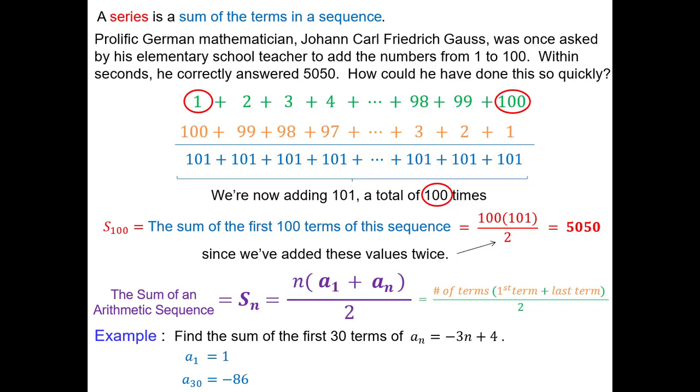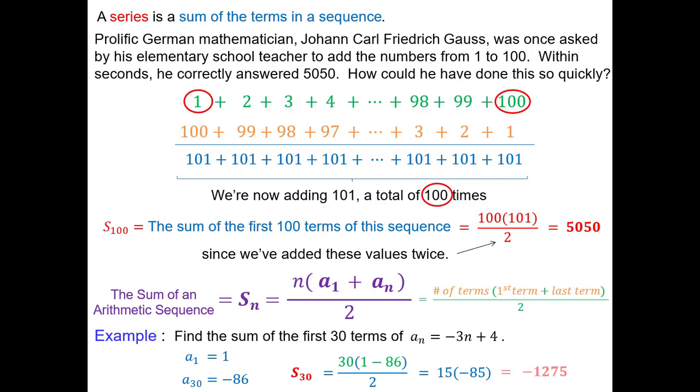We can now say that the sum of the first 30 terms is the number of terms, which is 30, times the first term plus the last term, which is 1 minus 86, and divide that whole quantity by 2. Now notice that 2 goes into 30 15 times, and 1 minus 86 is negative 85.